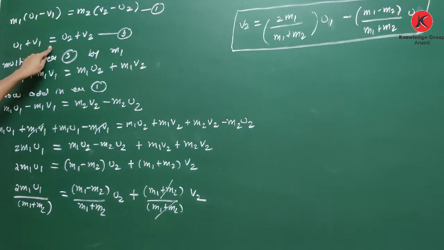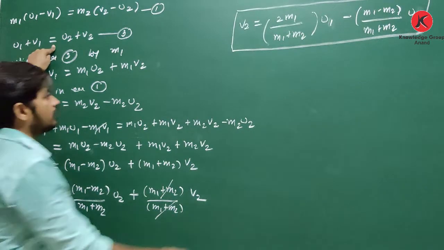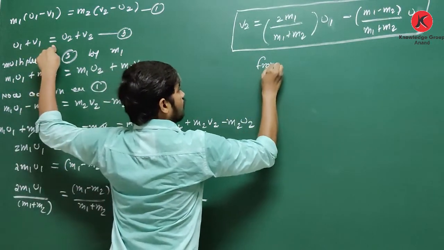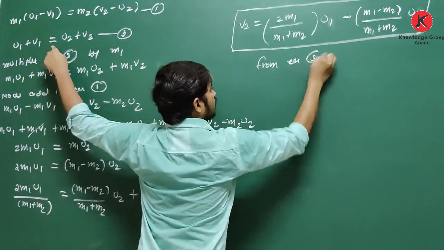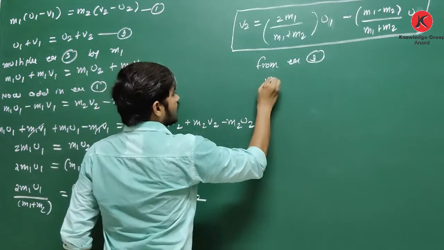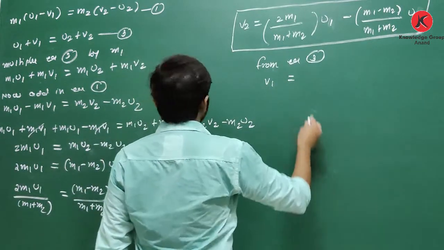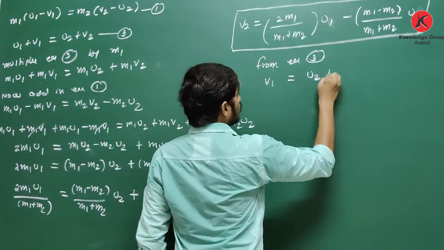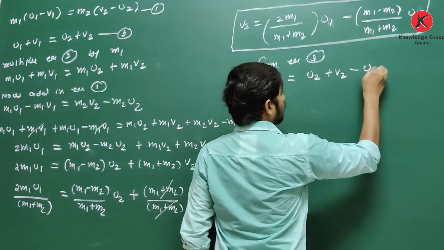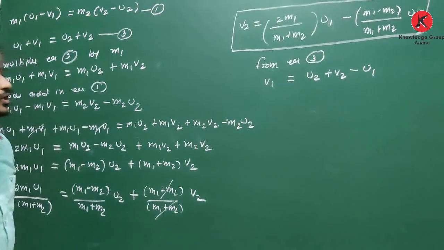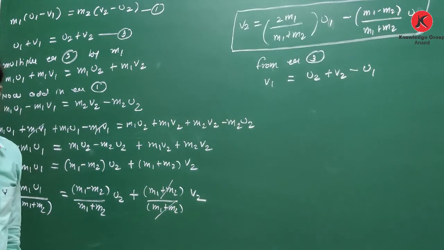See, from this equation, you have to make V1 the subject. So from equation number 3, if you make V1 the subject, then V1 is equal to U2 plus V2 minus U1. Clear about this?